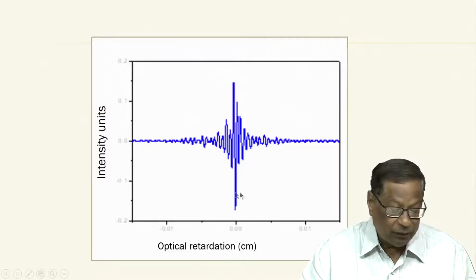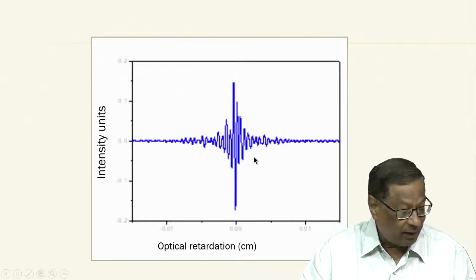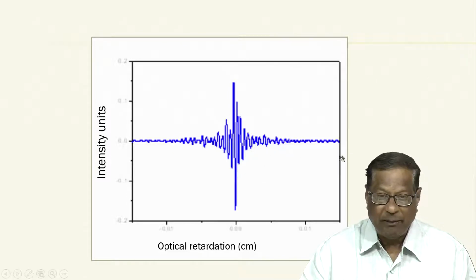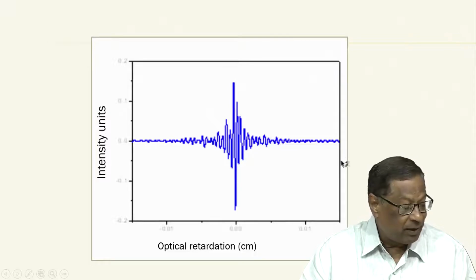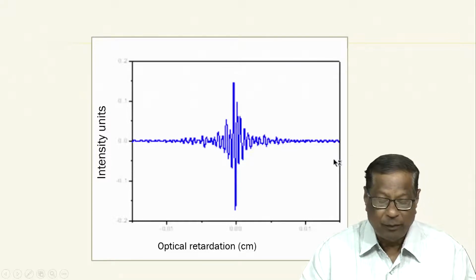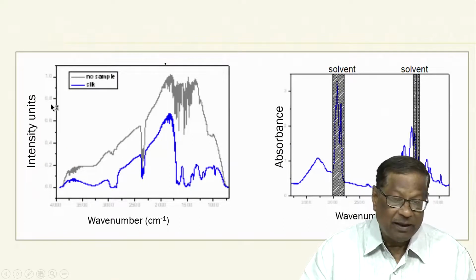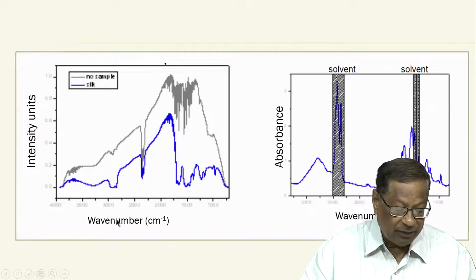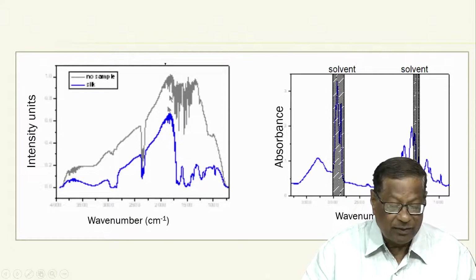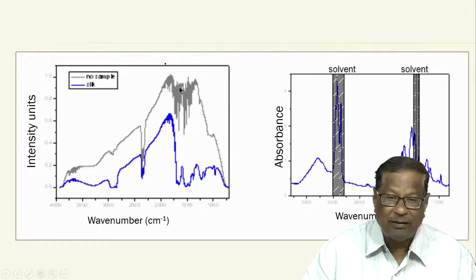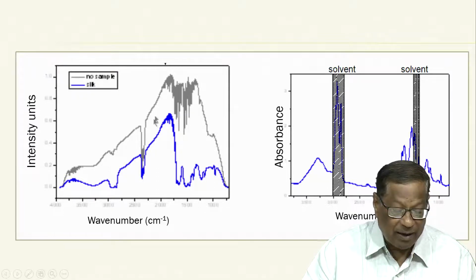So when this interferogram is transformed to the spectrum, that is when we do this Fourier transformation, what we get is something like this. It is intensity versus wave number. This is the sample reference beam, that is without the sample, only the moving mirror, etc., and this is with the sample.